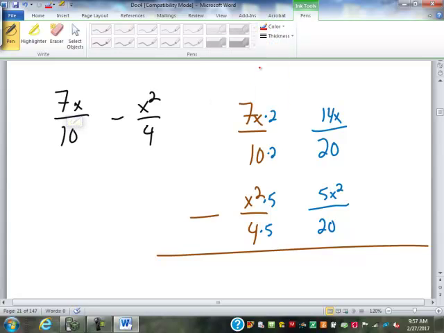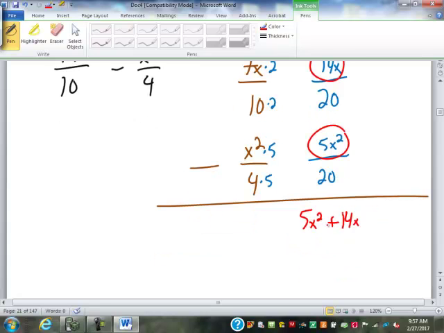So now what? We've got the, go ahead. Perfect. We've got the 14x plus 5x squared. Technically, we should put the x squared first, so it's 5x squared plus 14x all over 20.